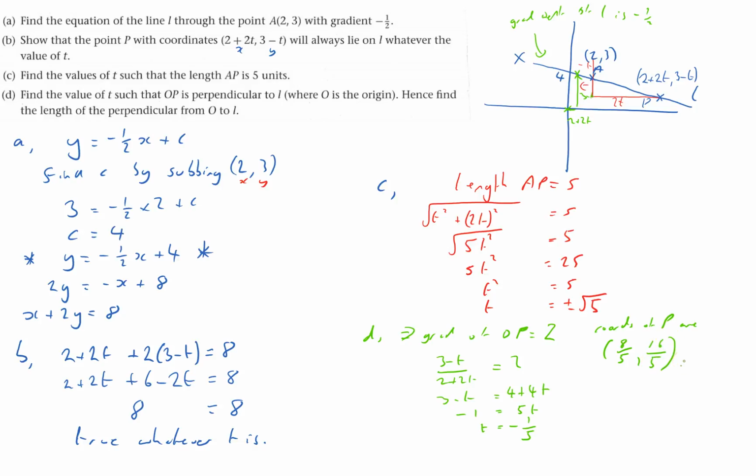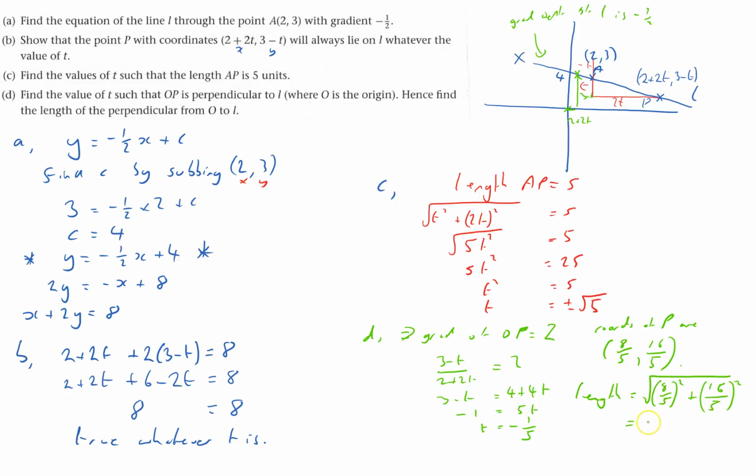So that's the coordinates of P, and the length equals the square root of x1 minus x2 squared plus the other one. So that bit will be 8/5 minus 0 squared plus 16/5 minus 0 squared. And so we get that.